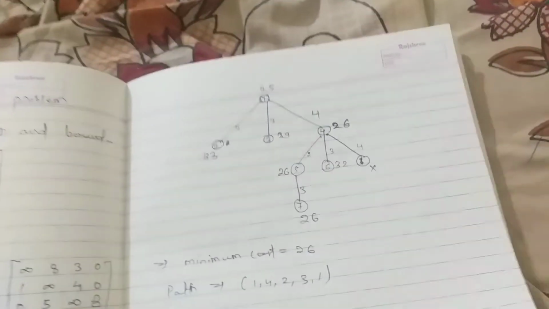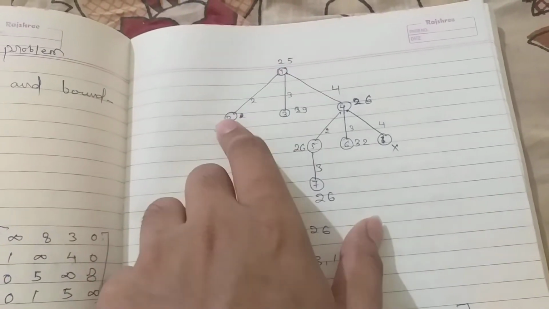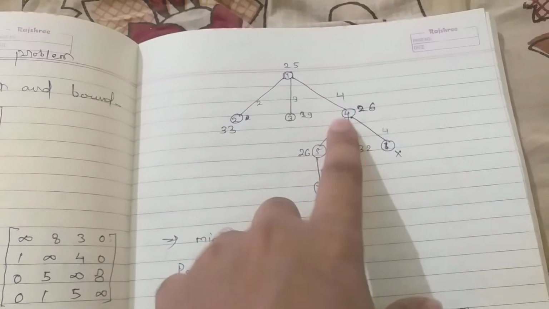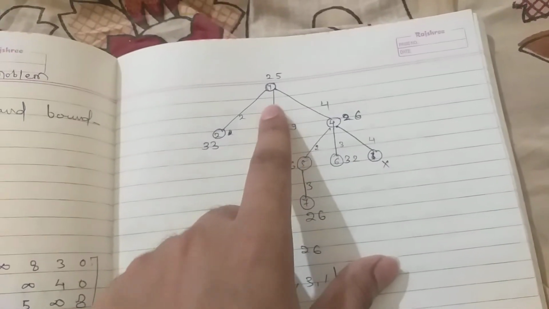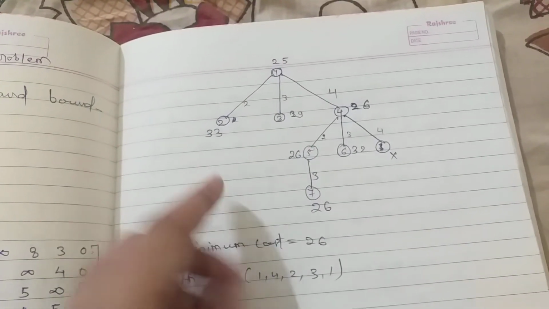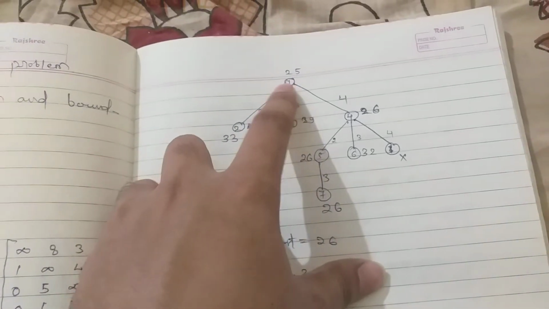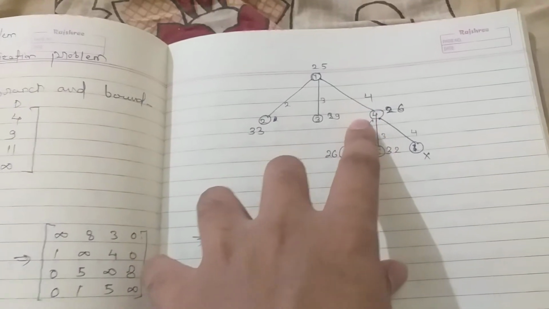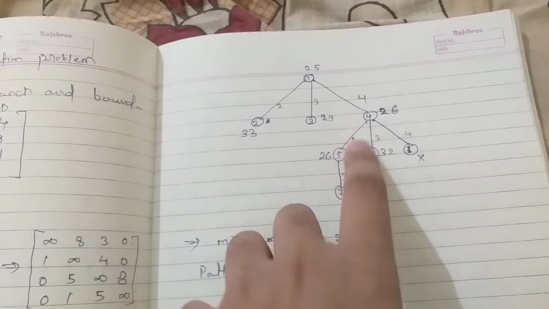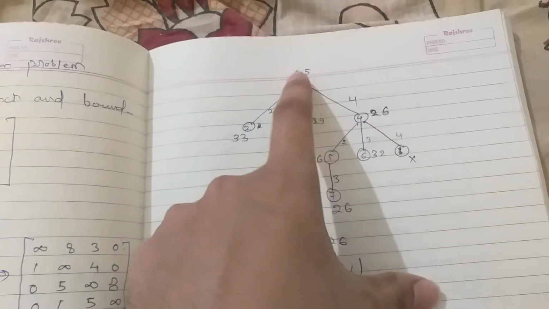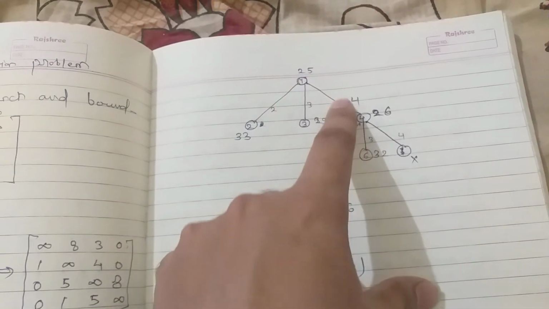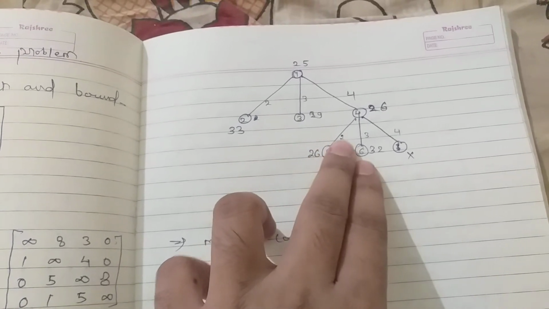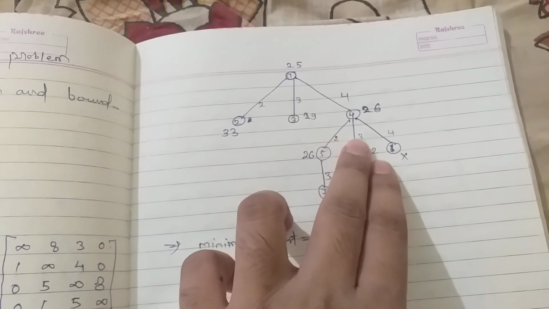Similarly, like we have done for 1 2, 1 3 and 1 4, we will do the same for 4 5, 4 6, because there are 4 vertices, 1 2 3 and 4. So vertex number 1 has been traversed, vertex number 4 has been traversed, and two of them, vertex number 2 and vertex number 3, are left.